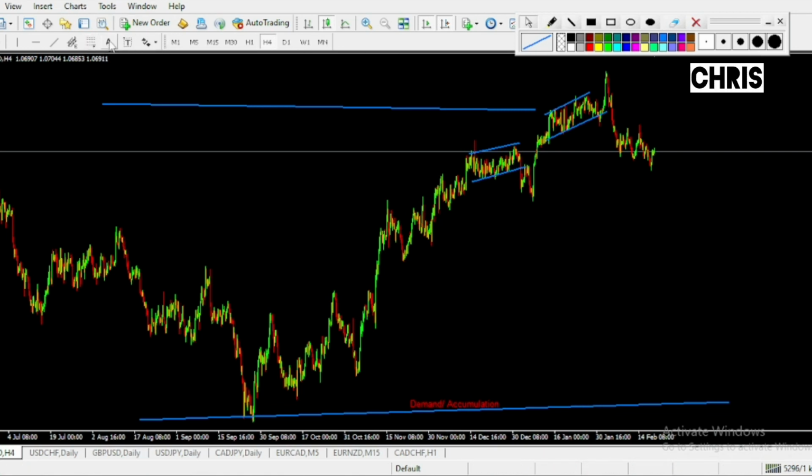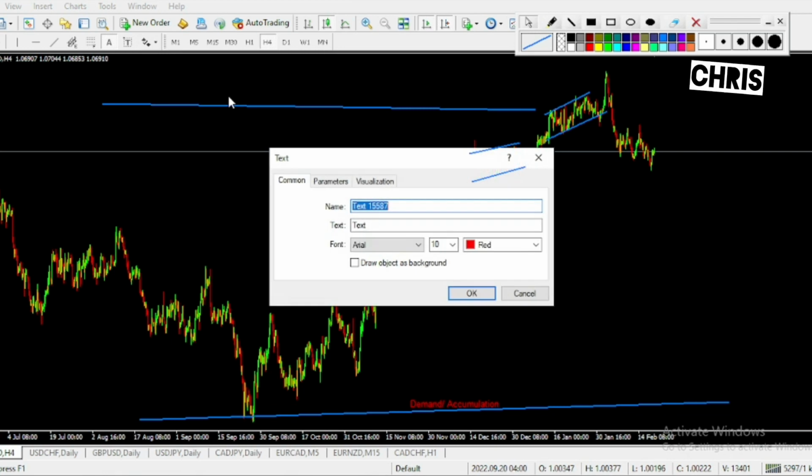Then we will have this as our supply. Supply is also called area of high distribution, or distribution.